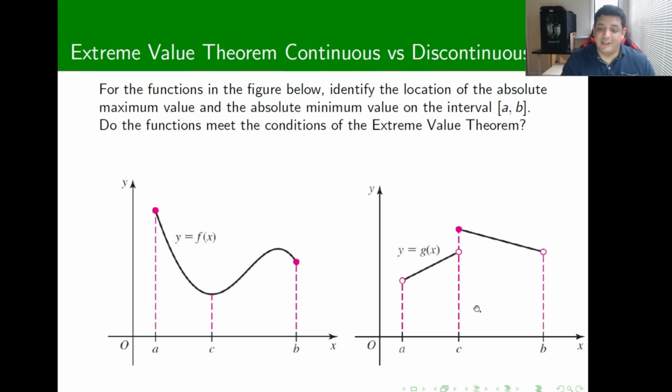So we don't have any guarantees from the theorem. However, you can see clearly that this function does have an absolute maximum. This is the maximum here. Now, does it have a minimum? No, it doesn't. And it's not guaranteed because we don't have the extreme value theorem here. This function is not continuous. The interval is not closed.